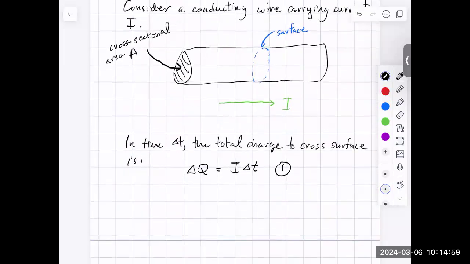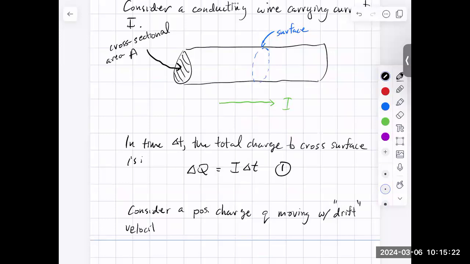All right, so in order to do that, we'll consider a positive charge Q moving with a drift velocity Vd in the direction of the current.